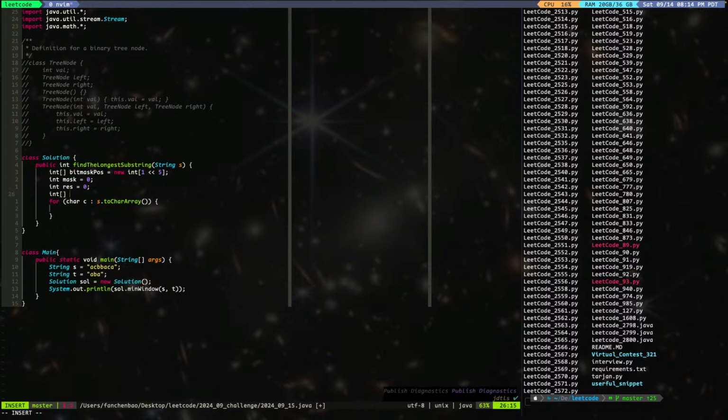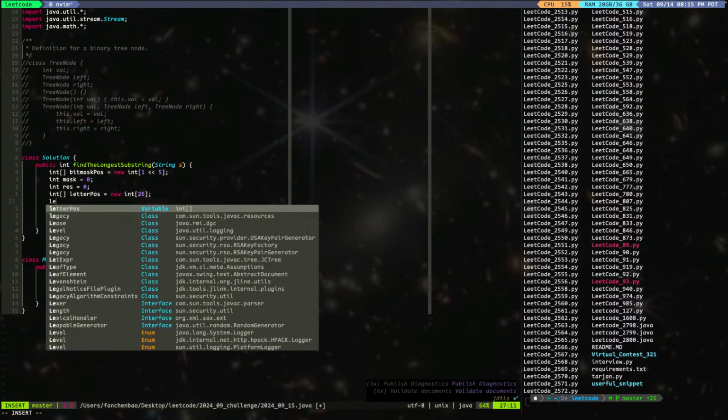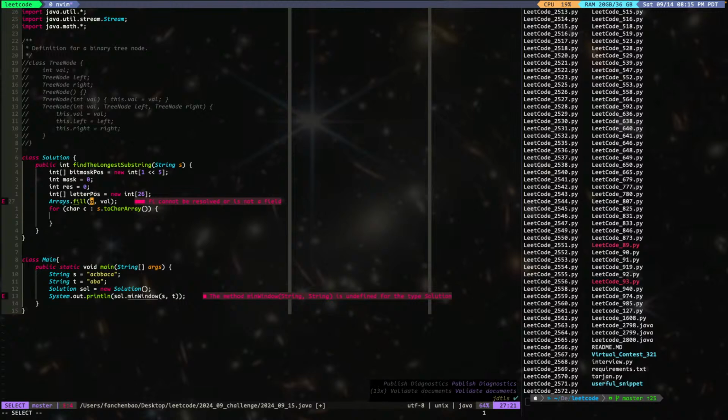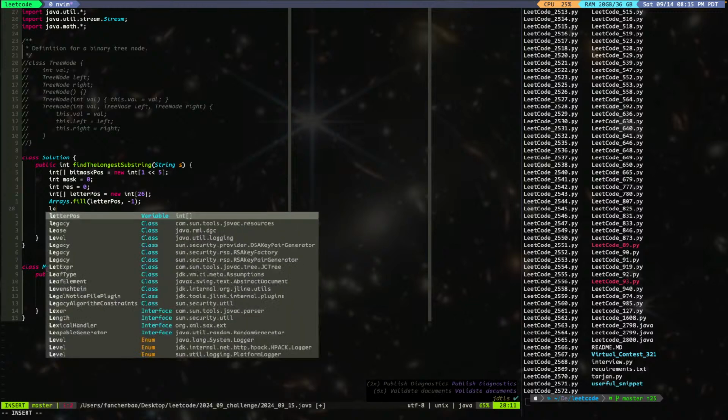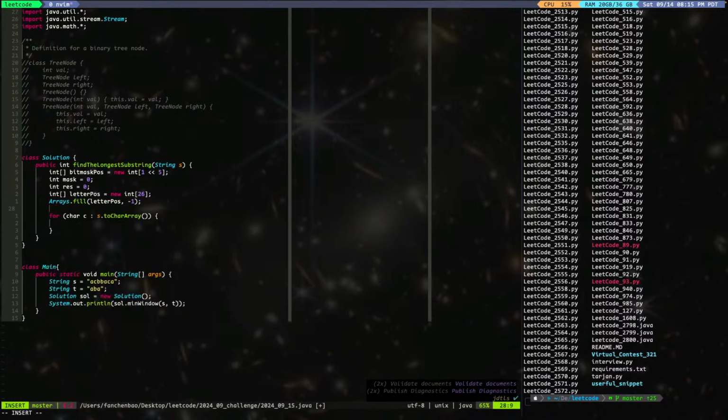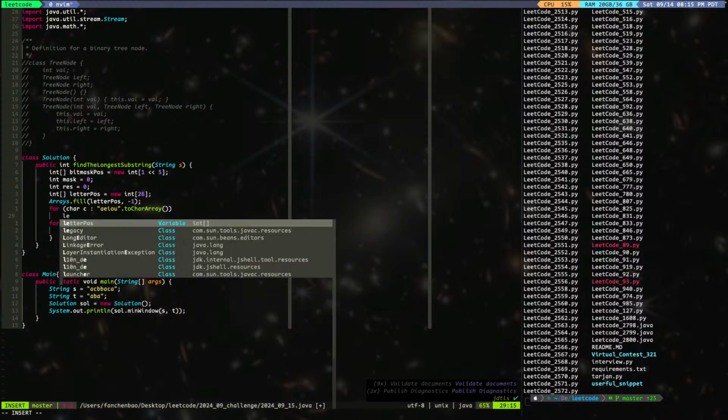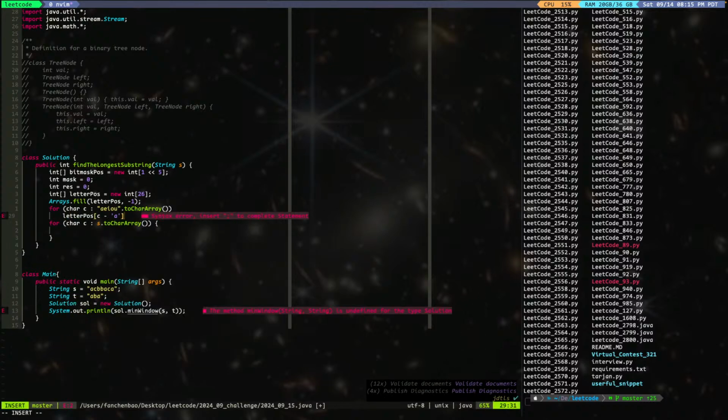So I can do letter position. That's 26, right? And then I say Arrays.fill of letter position with -1, and then letter position for c in the string AEIOU like this? I guess I can. Letter position c minus a. Oh, that is not going to work.